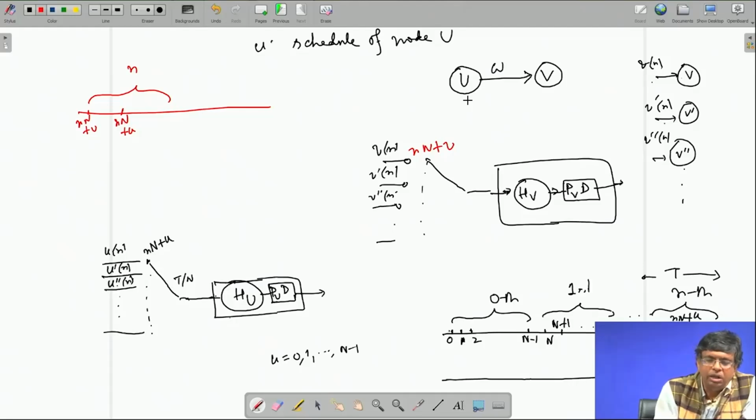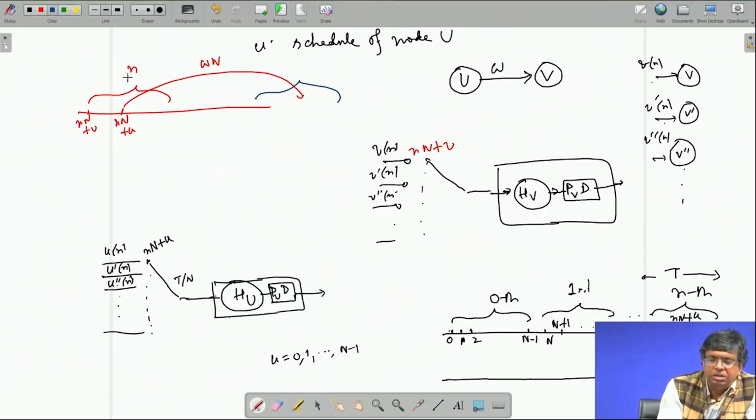Now, one input cycle has got capital N number of system cycles. So, W number of input cycle means W into capital N, that many system cycles. So, it will come under some other node, other umbrella.